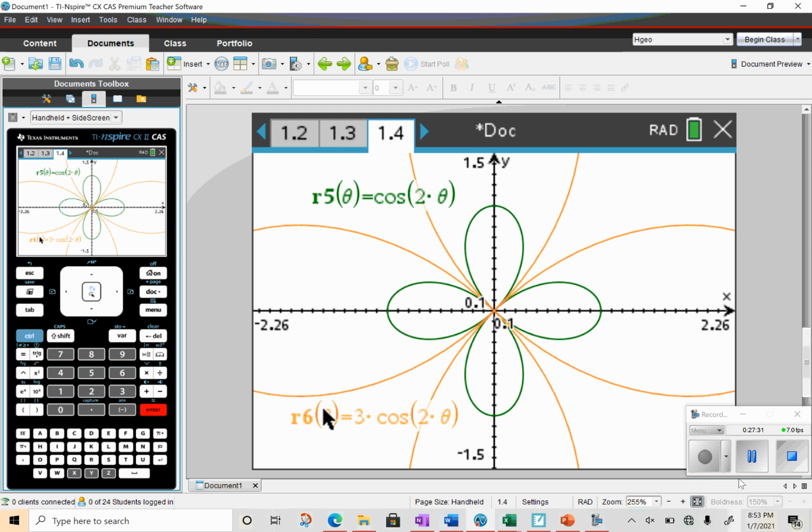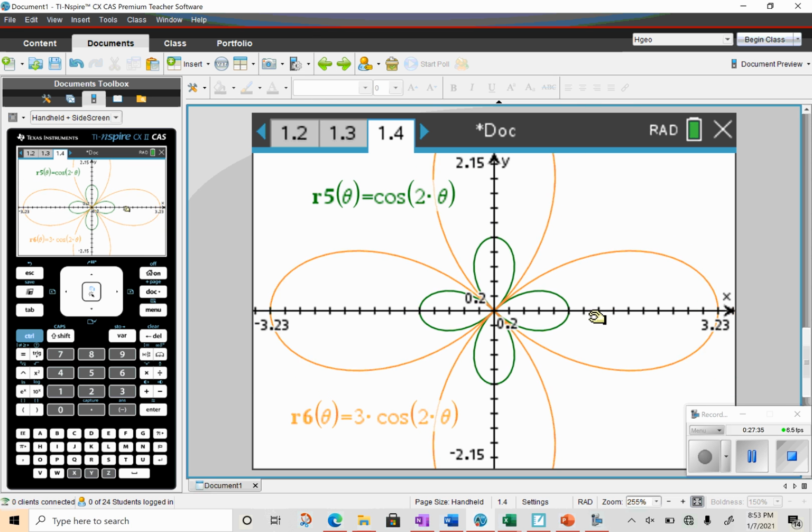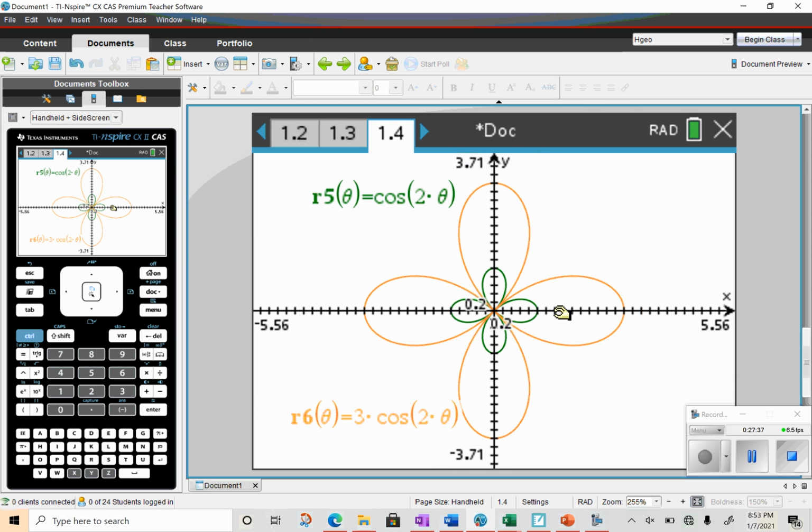It increases the size. Now I need to change my scale here so that you can see this. The same exact type of symmetry. We have this leaf centered on the polar axis, this one centered on theta is pi over 2, this one at pi, this one centered at 3 pi over 2.